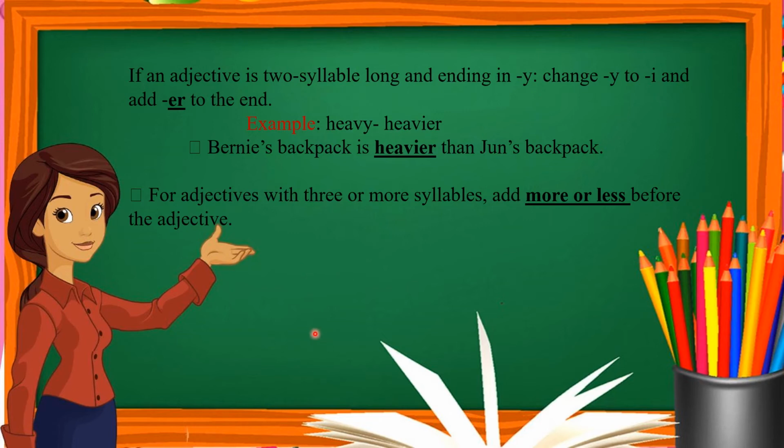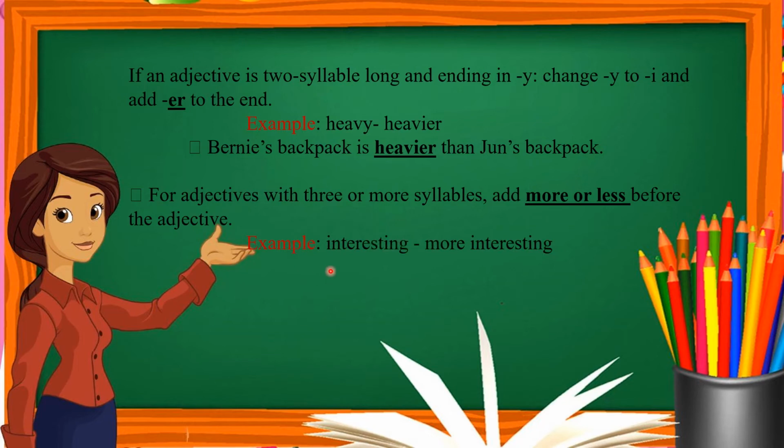The first one, one syllable word, add er. If it has two syllables and ends with y, change y to I and add er. And this one, for the adjective with 3 or more syllables, add more or less before the adjective. Okay, take note of this.